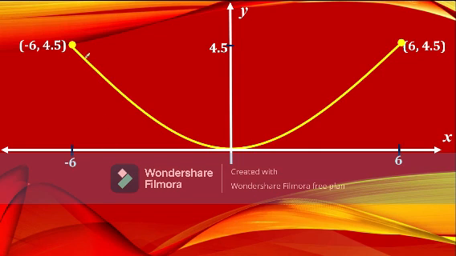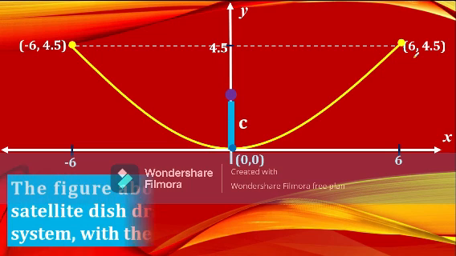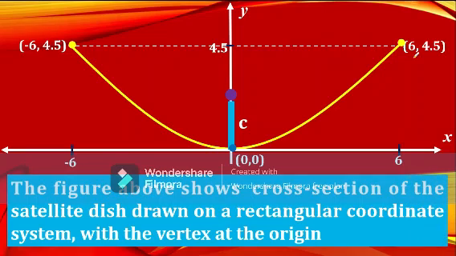This is endpoint negative 6, and here is 6, and the vertex is at 0, 0. So the figure above shows the cross-section of the satellite dish drawn on a rectangular coordinate system with the vertex at the origin.